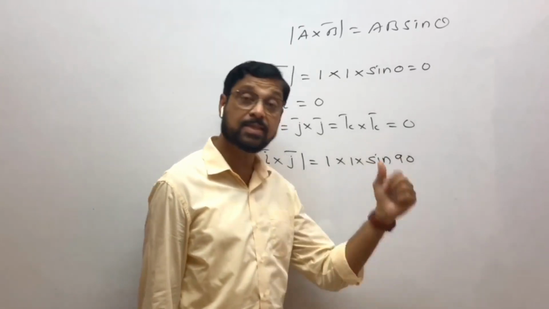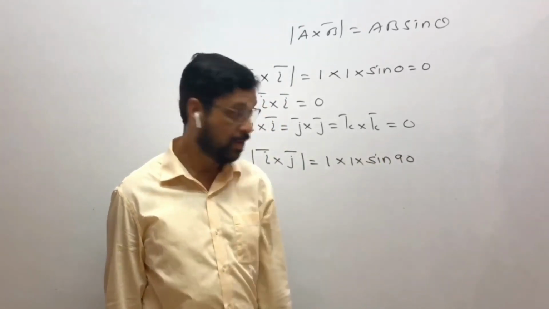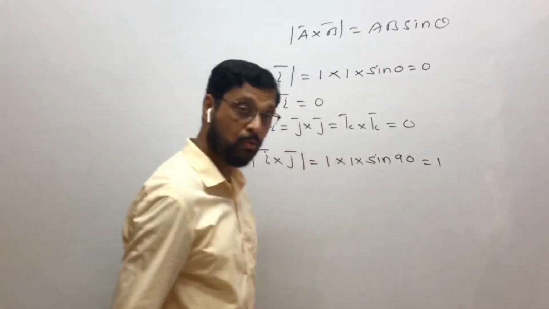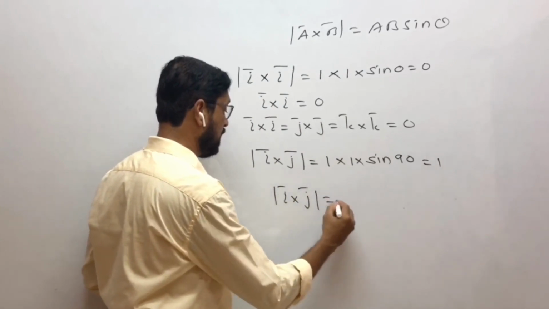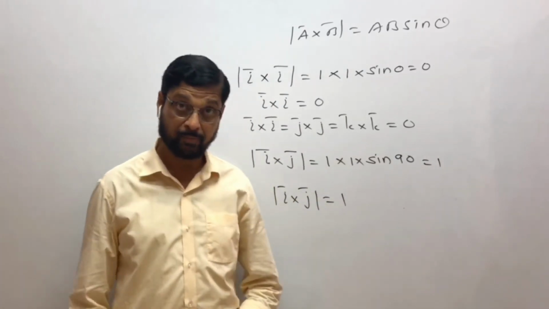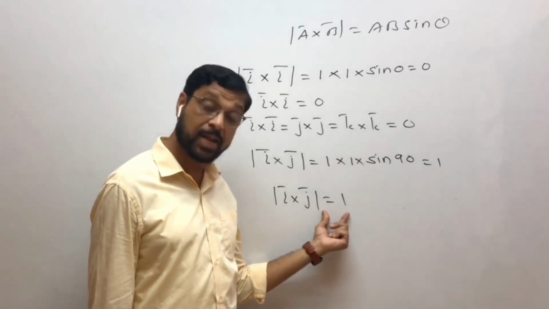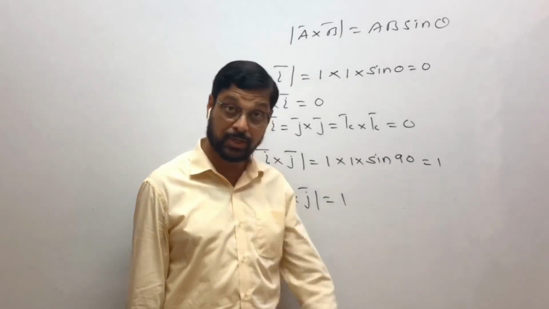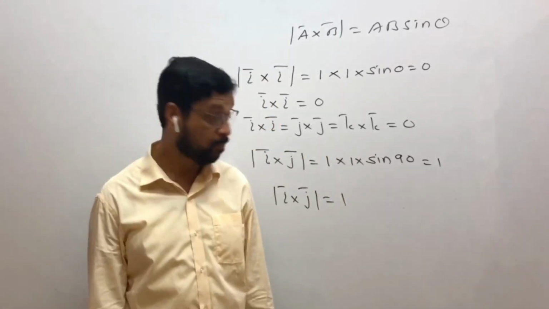How much is sine 90? Sine 90 is 1. So 1 into 1 into 1 will be equal to 1. Means magnitude of I cross J is equal to 1. When we take the cross product of I and J, what is its magnitude? 1. Means it is a unit vector. Its magnitude is 1. Means the cross product is a unit vector.